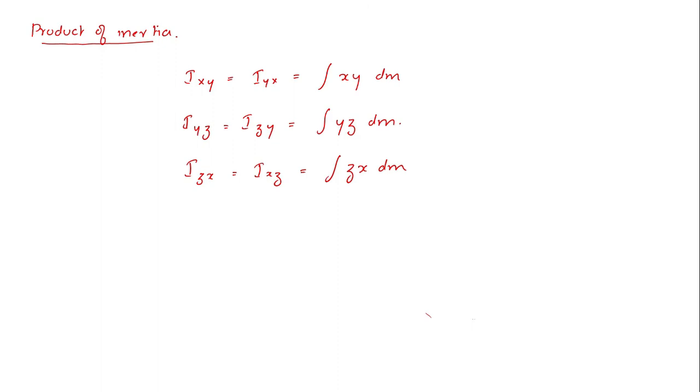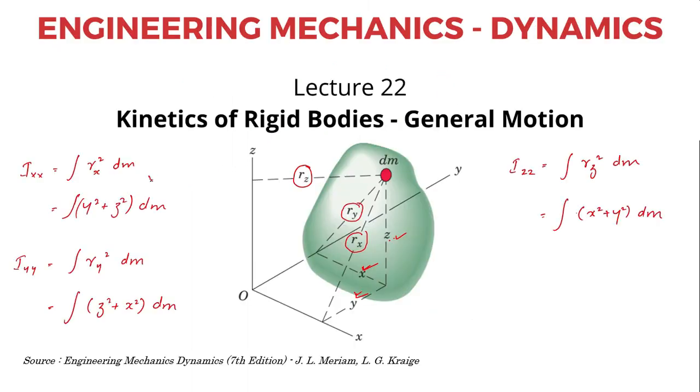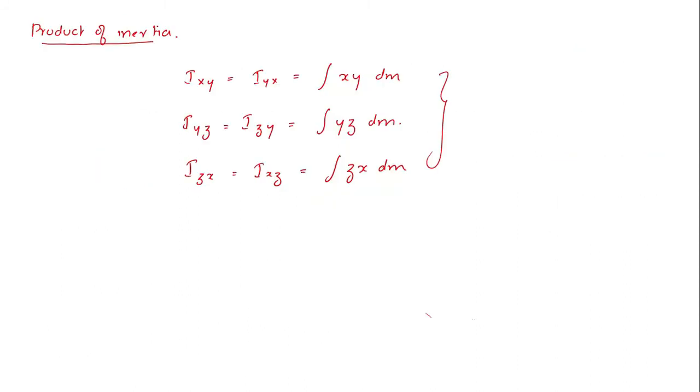Okay, so these are the inertial properties, these three plus these three. These are referred to as the inertial properties of a rigid body.